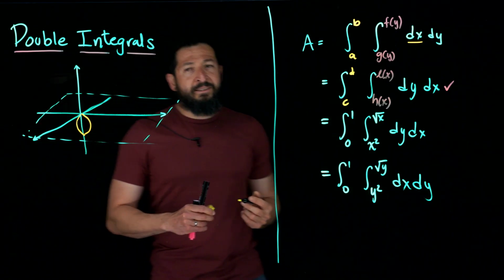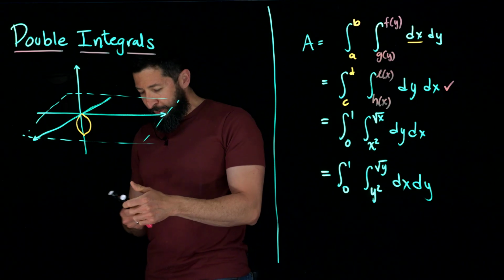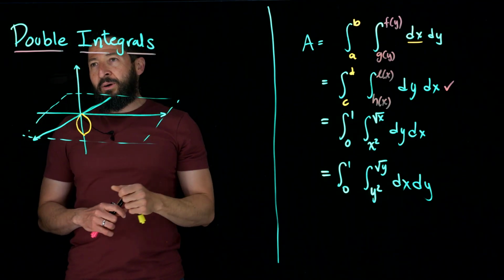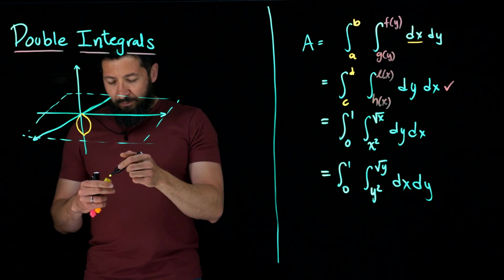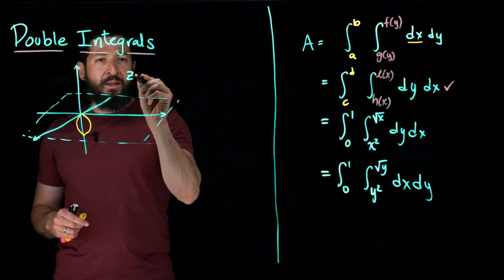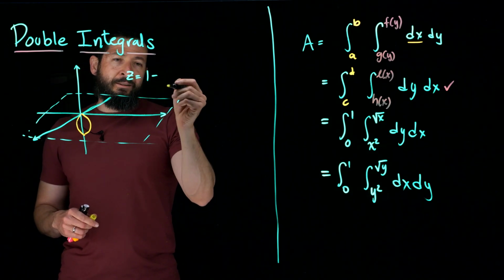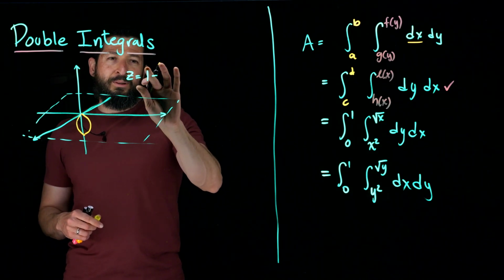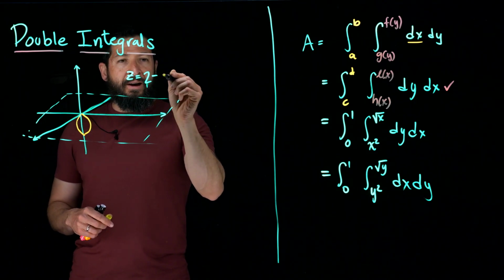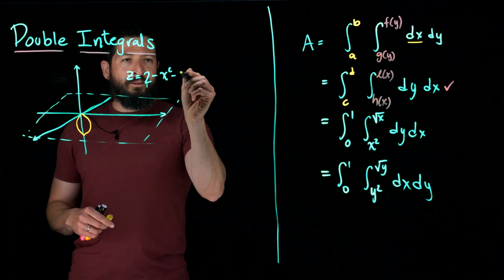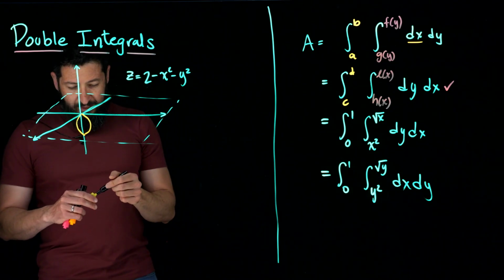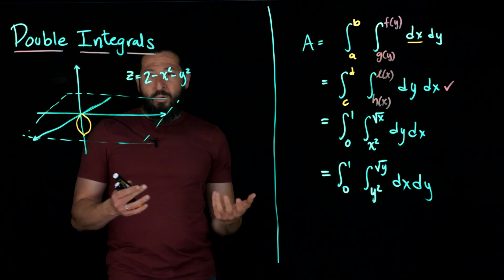Okay? And let's say that we have another function, and I was supposed to think about this function, but I didn't. So I'm going to go ahead and write just my favorite function, which is going to be z equals 1 minus, actually I'm going to do 2 minus x squared minus y squared. And why would I do that?